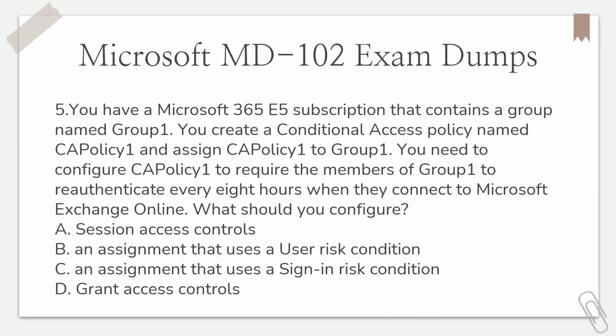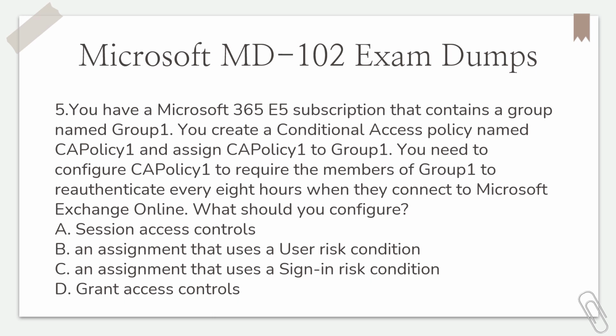5. You have a Microsoft 365 E5 subscription that contains a group named Group 1. You create a conditional access policy named CA Policy 1 and assign CA Policy 1 to Group 1. You need to configure CA Policy 1 to require the members of Group 1 to re-authenticate every 8 hours when they connect to Microsoft Exchange Online.